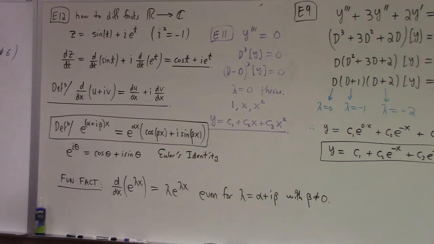The chain rule still works out. And if you study the calculus we did before the break, it's all still valid when lambda is complex. That's pretty cool. So what that says is if I have a complex factor in the polynomial, I can get a complex solution.